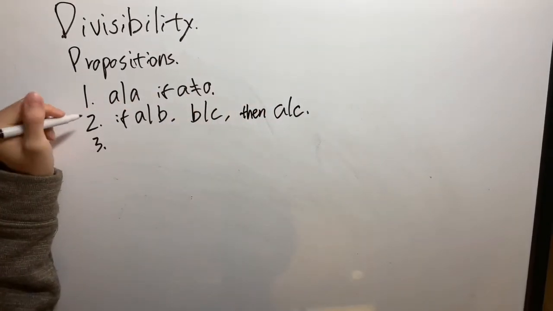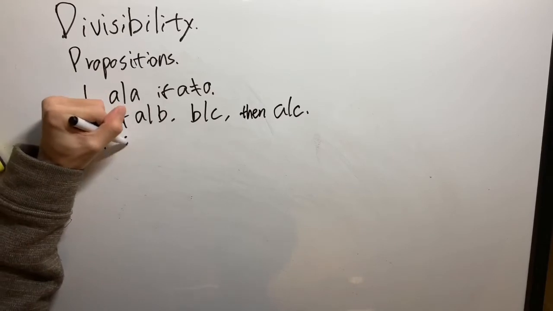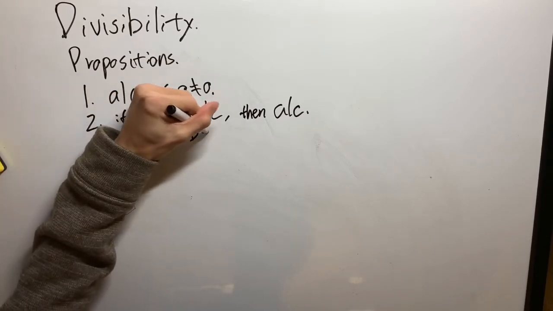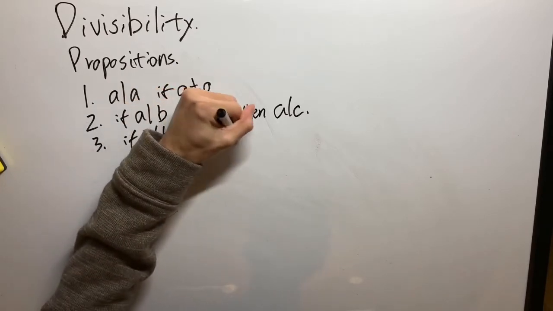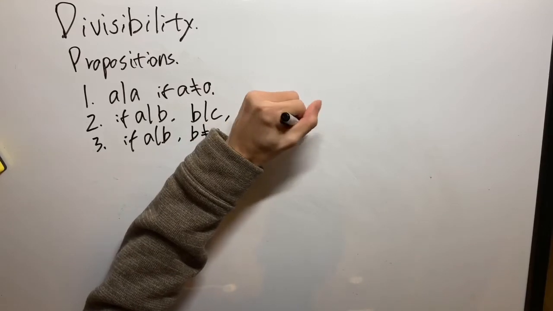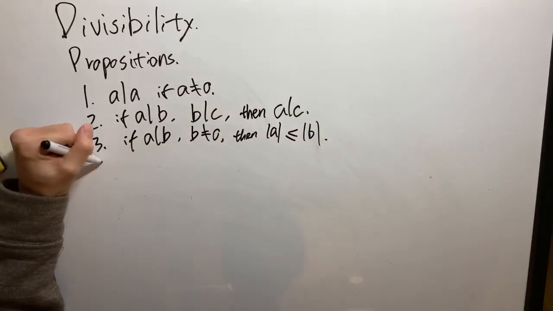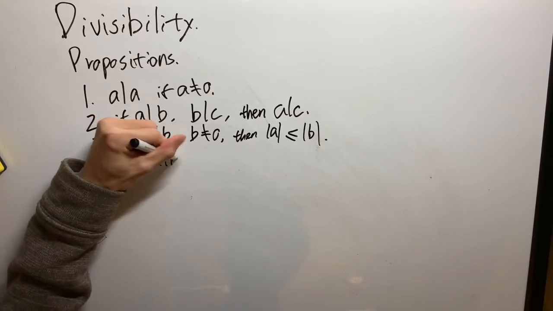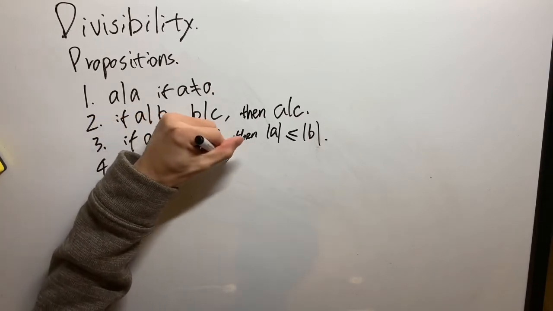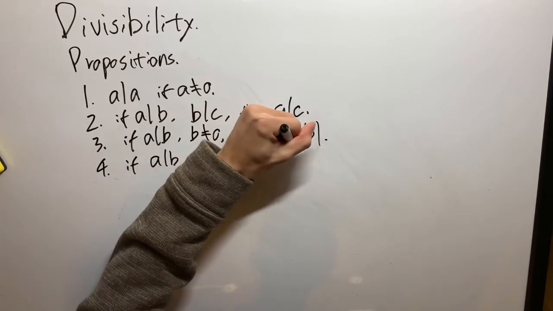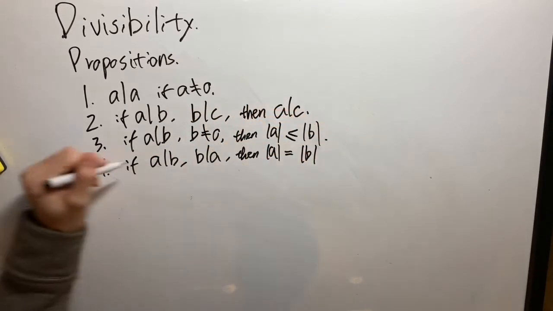Third, if a divides b and b does not equal 0, then the absolute value of a is less than or equal to the absolute value of b. Fourth, if a divides b and b divides a, then the absolute value of a equals the absolute value of b.